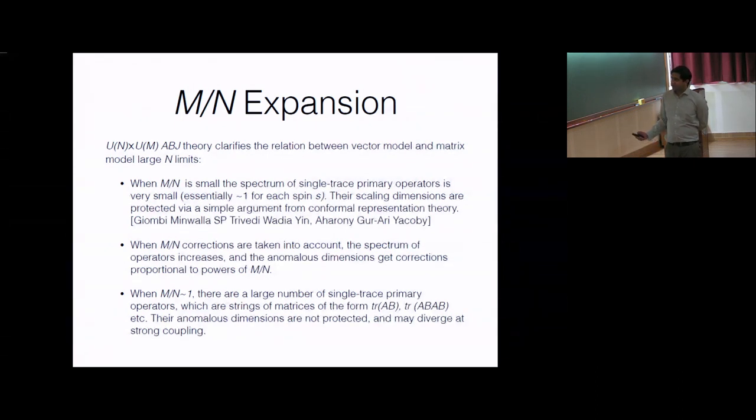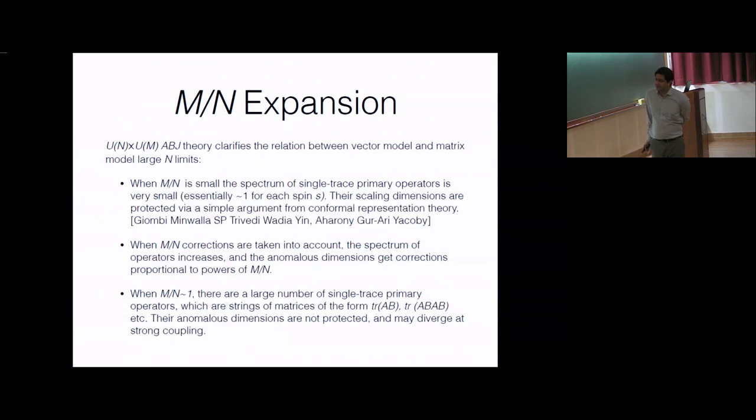When M over N corrections are taken into account, you would have mixing between operators that were previously considered double trace or triple trace as you increase the powers of M over N. And when M over N is order 1, there's a large number of single trace primary operators, which are strings of matrices of the form trace ABAB, etc. They look like different closed string states.